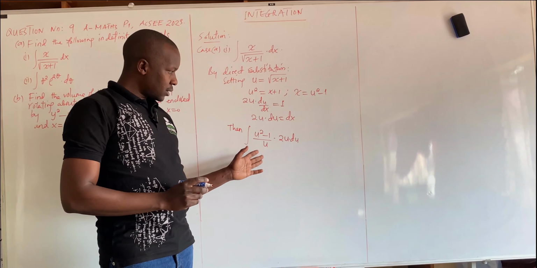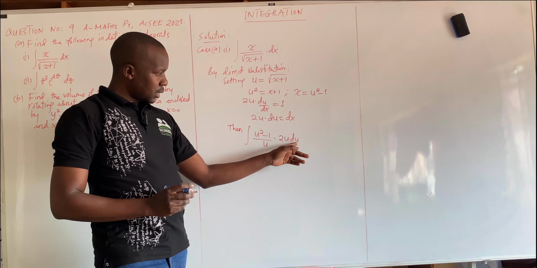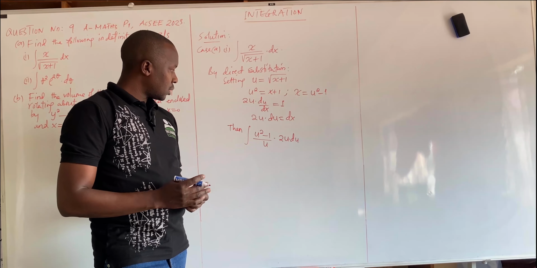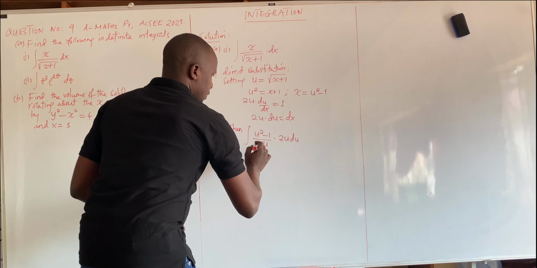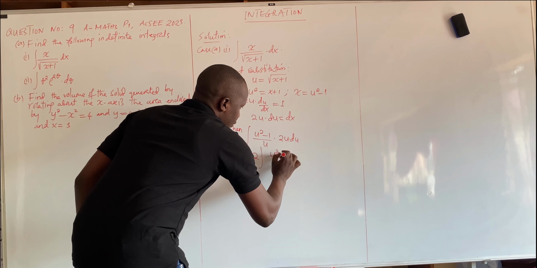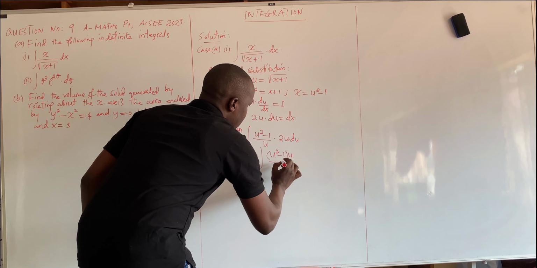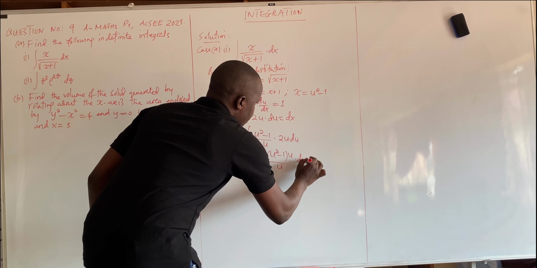All the variables that do not concern the integration with respect to u have to be taken out of the integration sign. So we can take out that 2, and we have u squared minus 1 times u, over u, du.